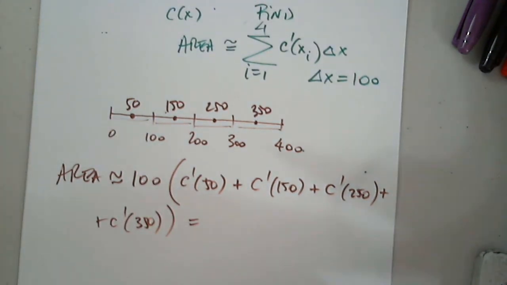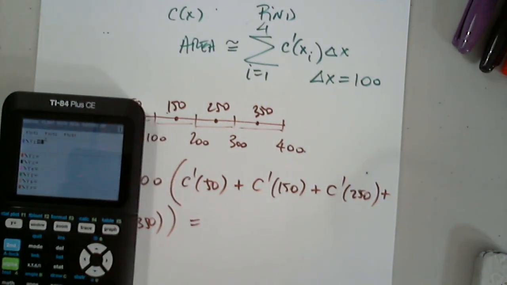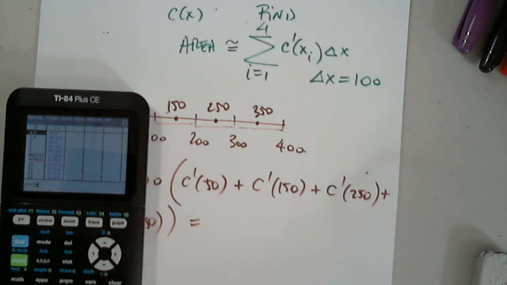Put that in the calculator. In y equals, I'm going to enter that function, 0.0003x squared minus 0.2x plus 50, and calculate those numbers at 50, at 150, at 250, and at 350.